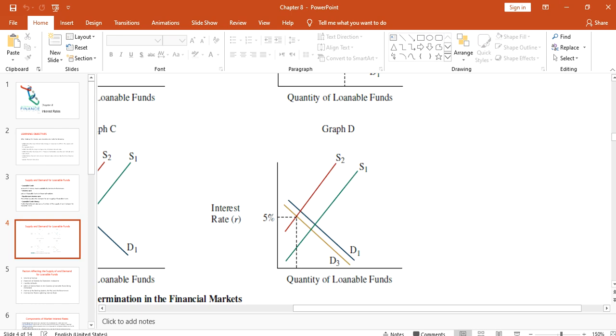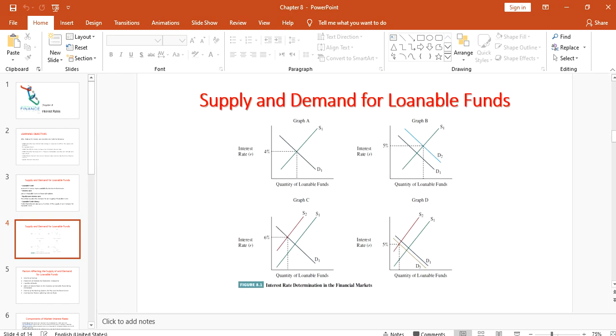You see this between the two lines of D1 and D3. This space is smaller than this space. So that will decrease the interest rate because demand decreases. Okay, so that's how the price of loanable funds is determined in the market, and this has been supported by the theory of loanable funds.